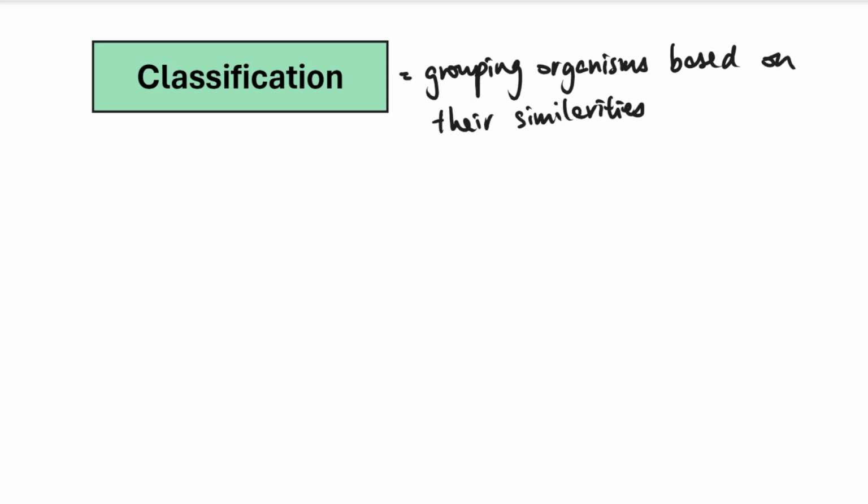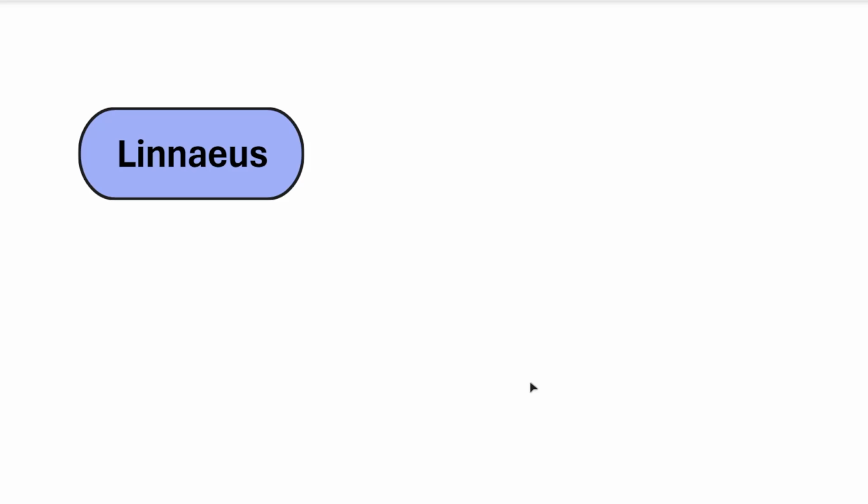So in the past, there was a scientist called Carl Linnaeus. And Linnaeus basically came up with the Linnaean classification, where we started with the largest group would be kingdom. So for example, we can have the animal kingdom or the plant kingdom, which are the typical ones that we talk about.